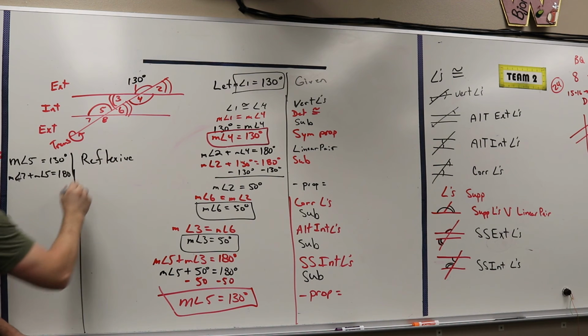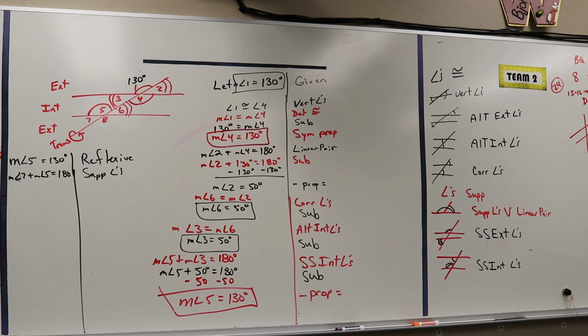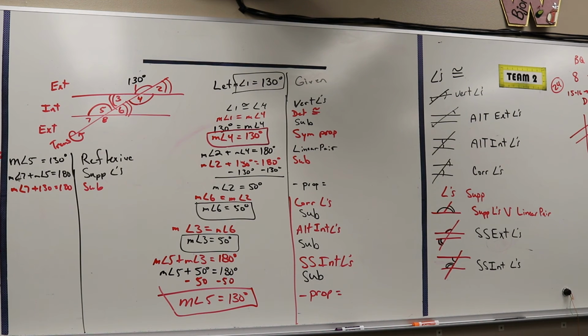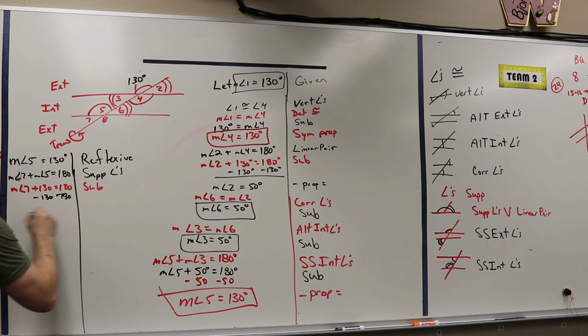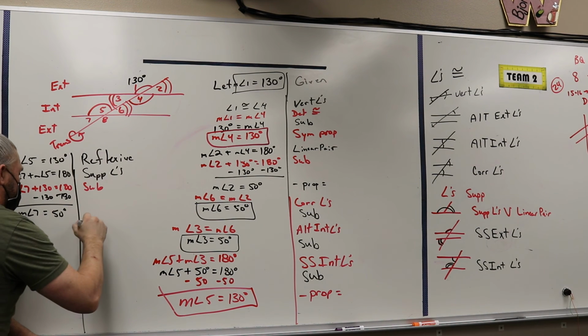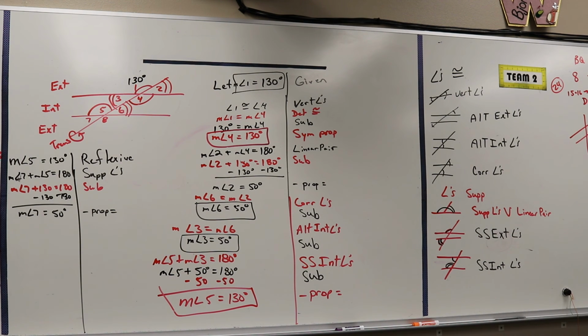Supplementary angles. Then we substitute in 130 for angle 5. Then subtraction property of equality. So the measure of angle 7 is equal to 50 degrees. We've got one more to do: number 8.